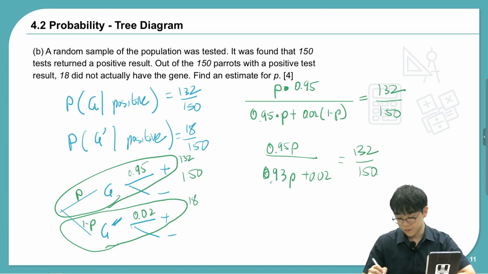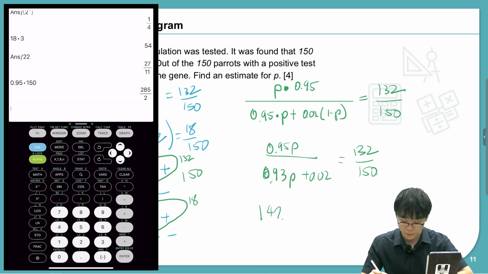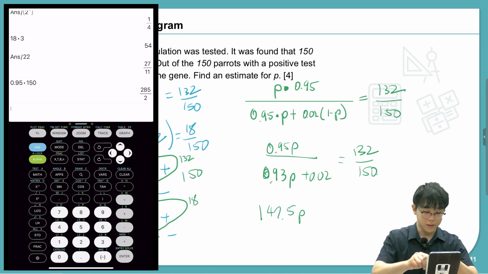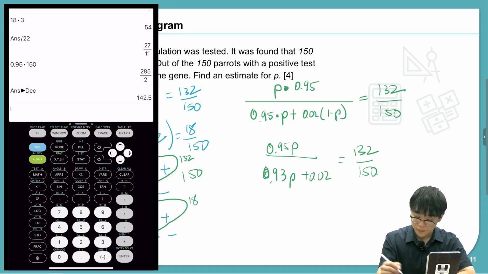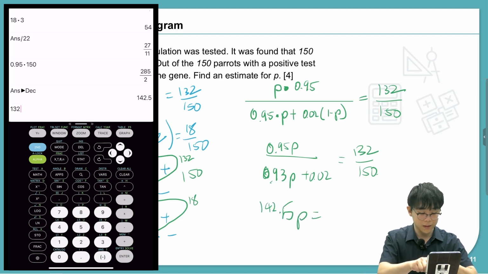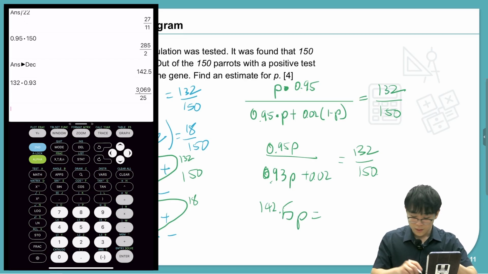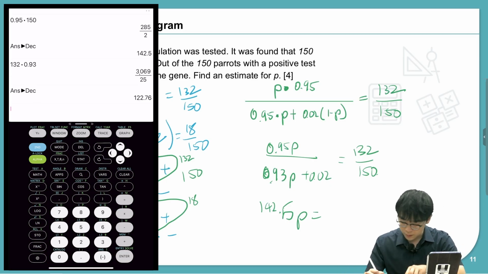Okay. So I could just do 0.95 times 150. So on the left, I would get 142.5 P. That is going to equal 132 times 0.93. So that's like 122.76 P plus 132 times 0.02.